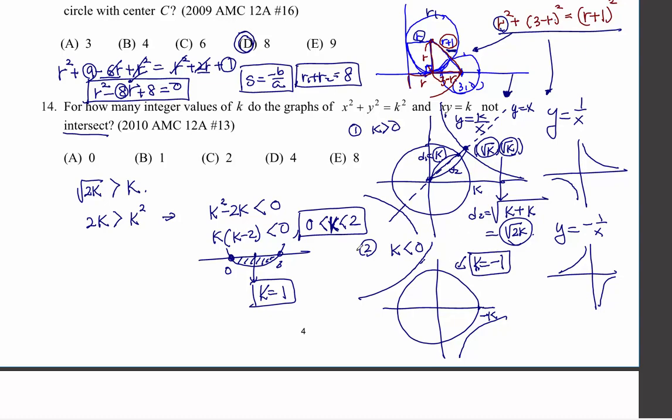Reflect the same situation, but the only thing is that k will be a negative number. We have two possible values of k. So choice C is this: k value is 1 or negative 1, okay? Alright, that is number 14.